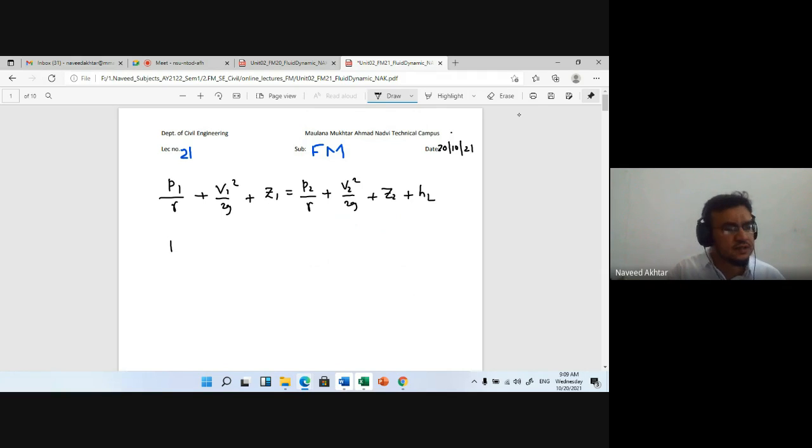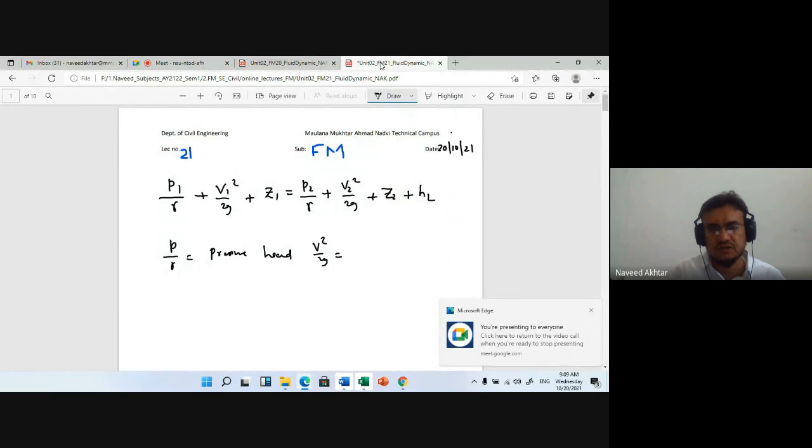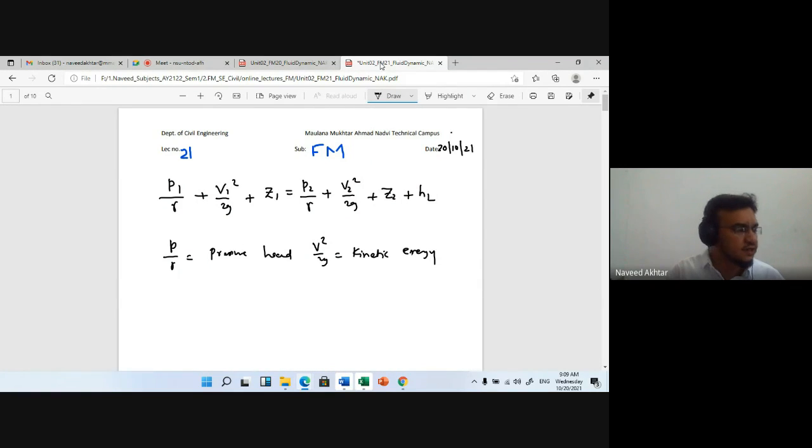P upon gamma is nothing but the pressure head, and V square upon 2g is nothing but the kinetic energy of your flow, and Z is the potential head, sometimes called the datum head.